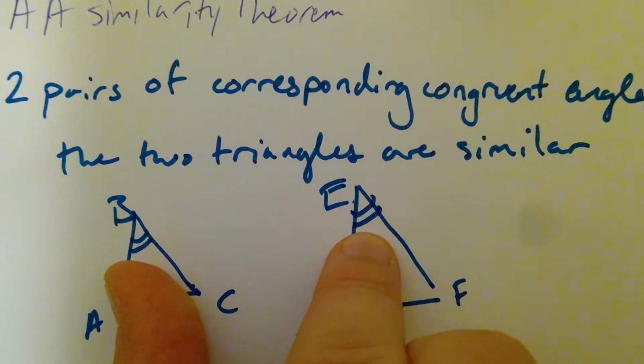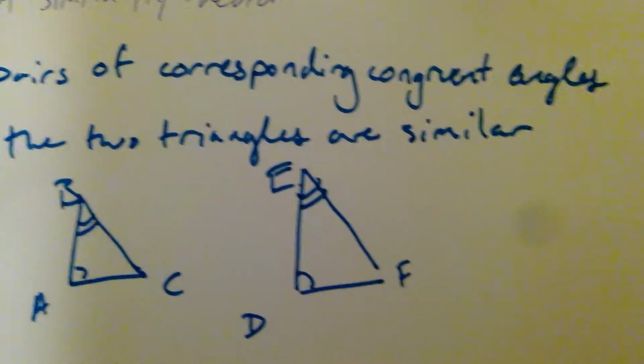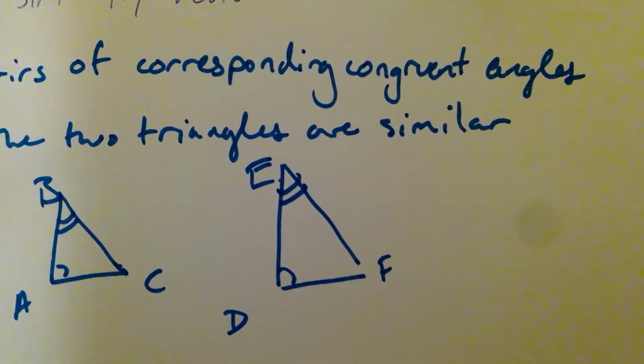Angle B and angle E are congruent because they both have the double marking. And what that means is that all of our angles are actually going to be congruent, because even though we don't know angle C and angle F, we do know that each triangle will always have 180 degrees. If we know two of those angle measures, we know the third as well. That's going to then mean that angle C is in fact congruent to angle F.